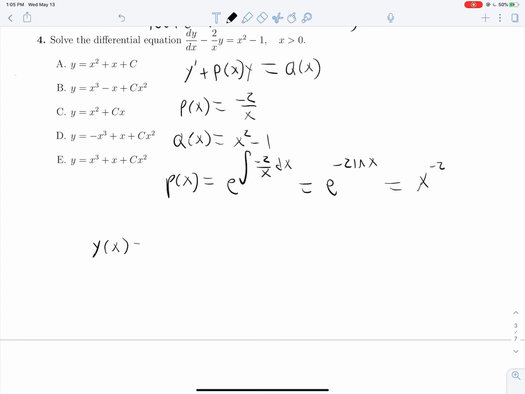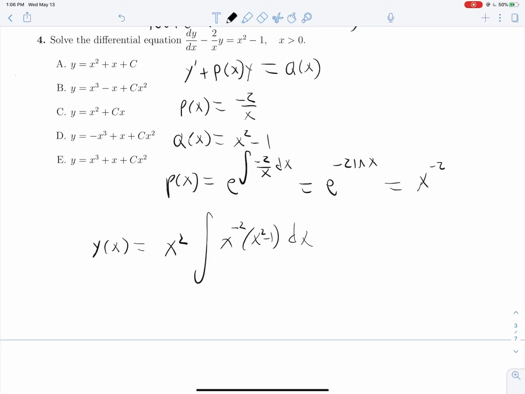Y of x is equal to 1 over rho of x multiplied by the integral of rho of x times q of x dx. Let's plug these values in here. 1 over x to the negative second power is just x squared. Then this rho of x here is just x to the negative second, and q of x is x squared minus 1.